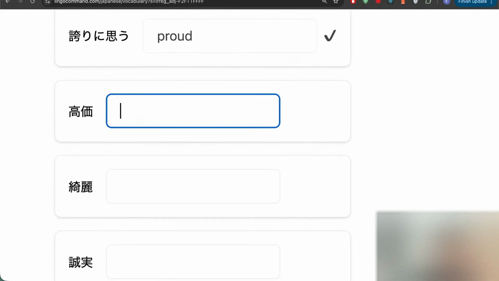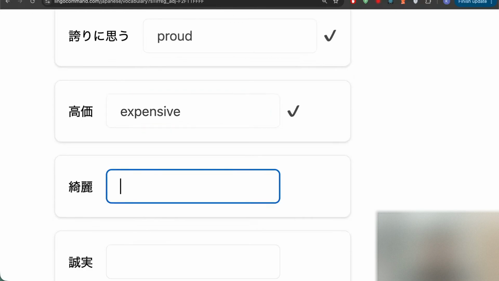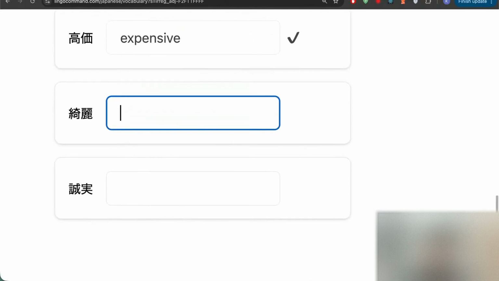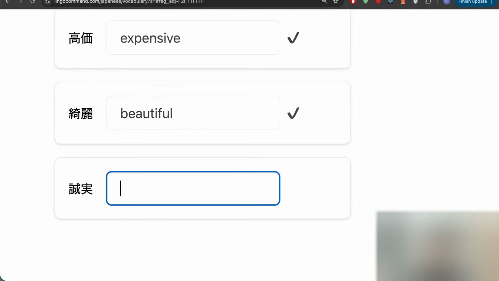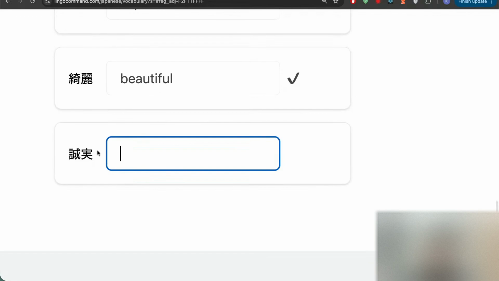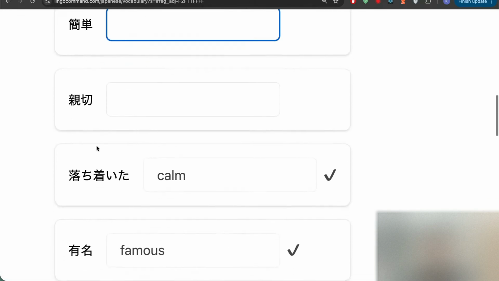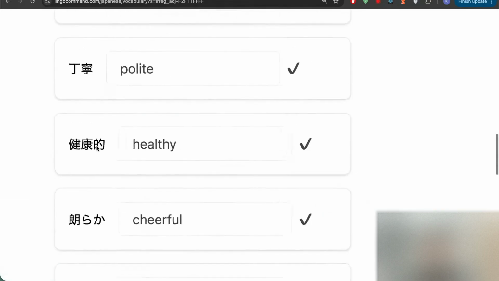This is koka, which is expensive. This is kire, which is beautiful. And then this second kanji, it means the truth. And actually, right, truth is a noun. It means honest. So that just leaves us with, I think, only 2 kanji.